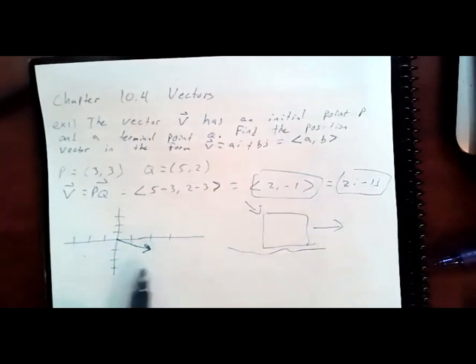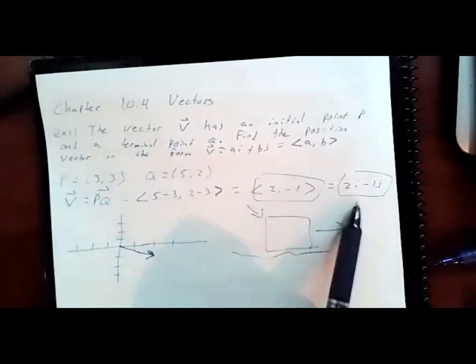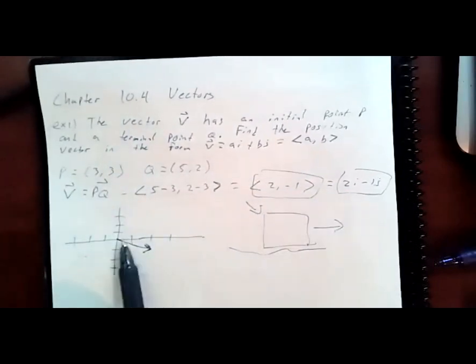That's what eventually this leads to. But we're not going to do that. That's for physics. The basics that I want you to know is: what is a vector? How can you find them? How do you find the magnitude? And how do you find which angle or direction they're going? That's the main thing I want you to learn from 10.4.